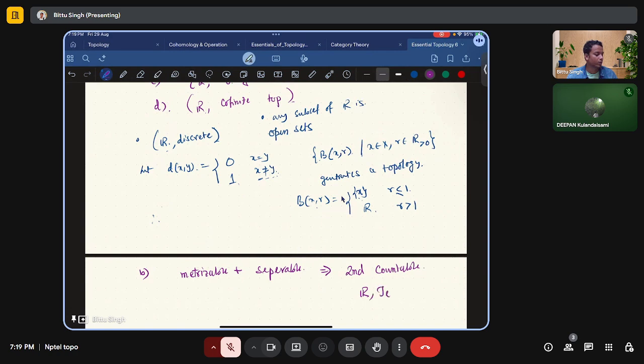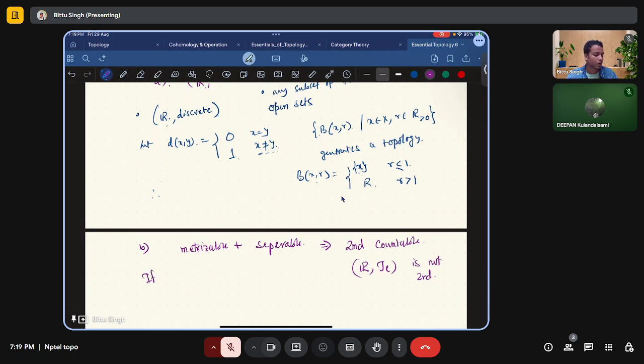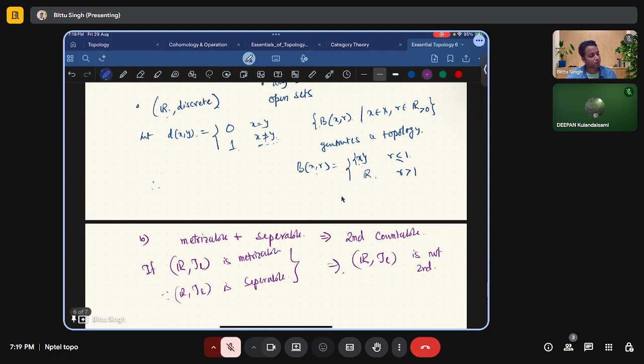So if we assume R with lower limit topology is metrizable, since it is a separable space, then those two will imply this, which is a contradiction.